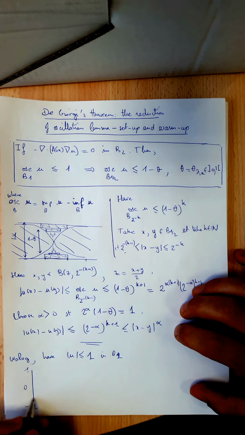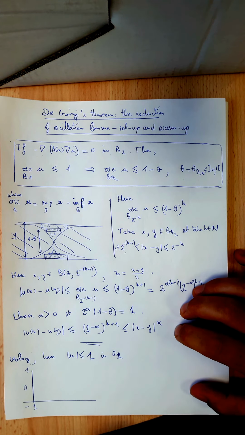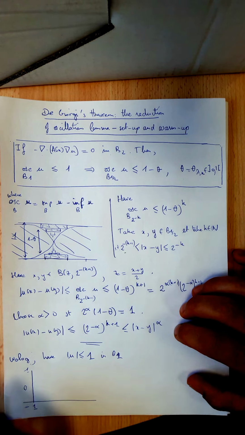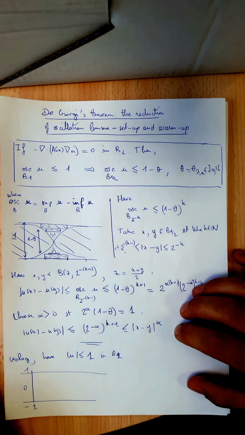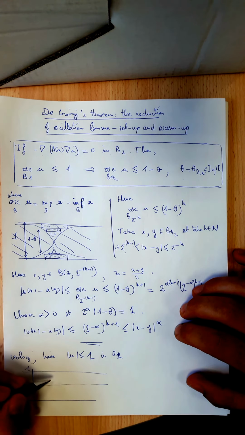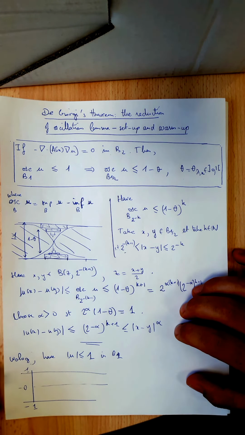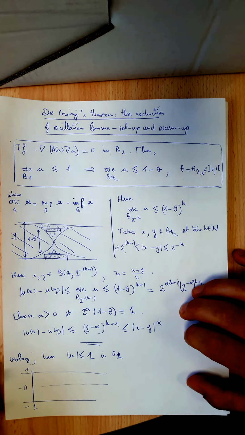So we know that u has to stay in the set right here in the ball of size 1. And so, well, what can happen corresponding to the mean value here, 0? Either u is going to be half of the time above 0, or it is going to be at least half of the time below 0.